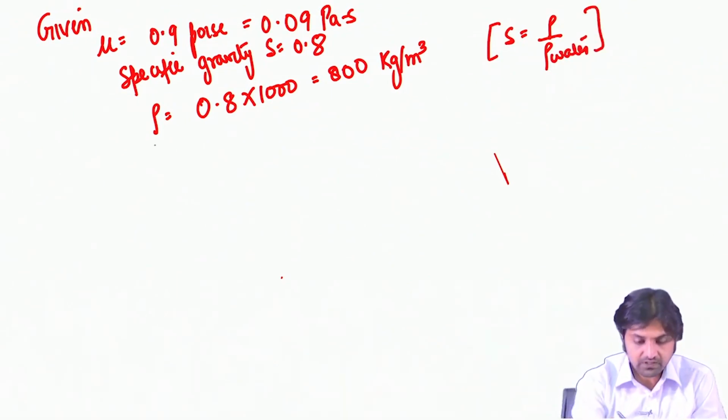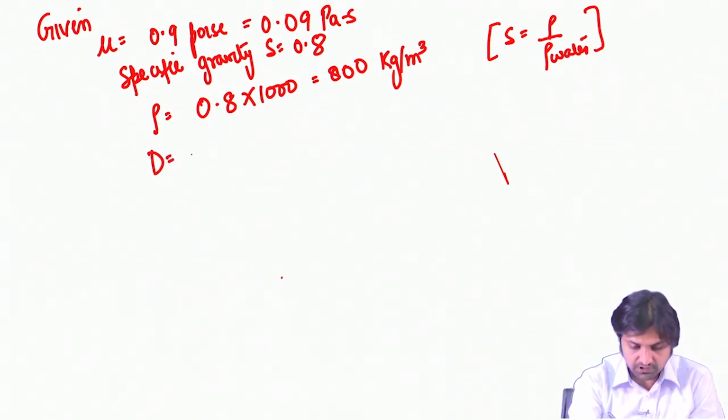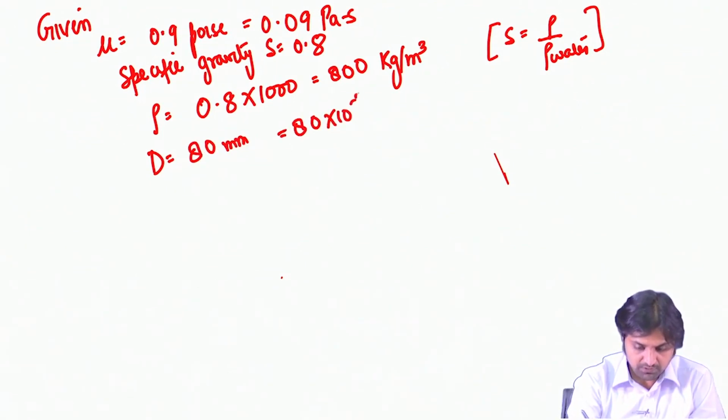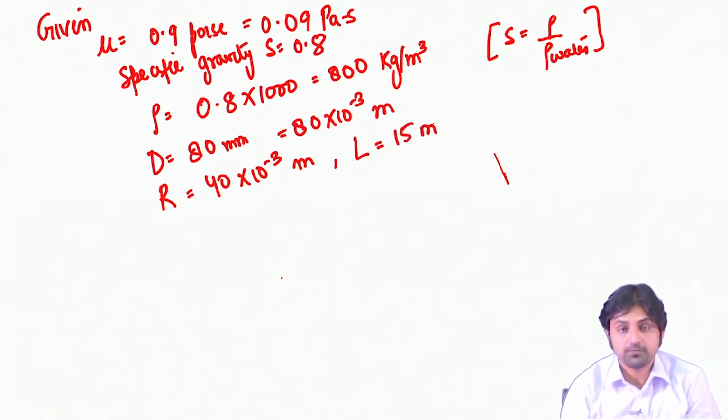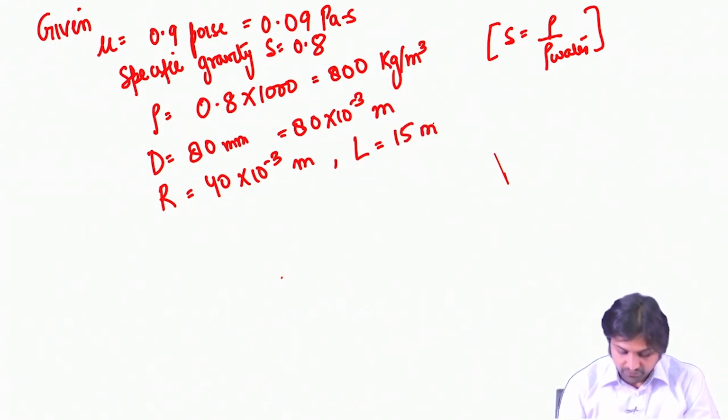Diameter is 80 millimeters or 80 into 10 to the power minus 3 meter. R is 40 into 10 to the power minus 3 meter, and length L is 15 meter. These are the things that we already know.